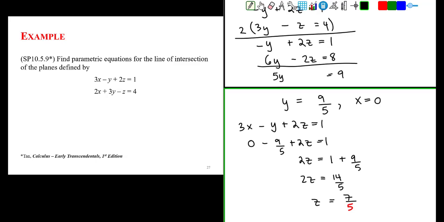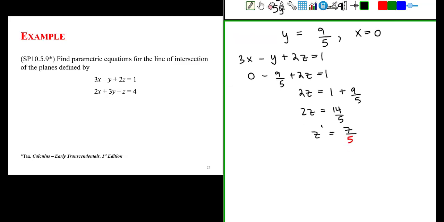Okay, we have x equals 0, y equals 9/5, z equals 7/5.